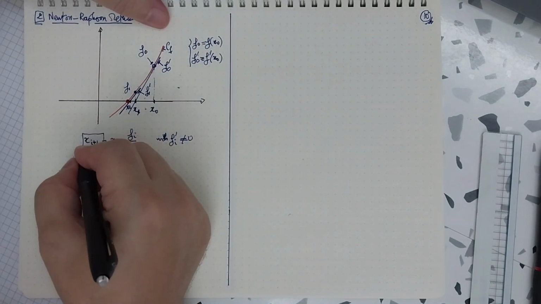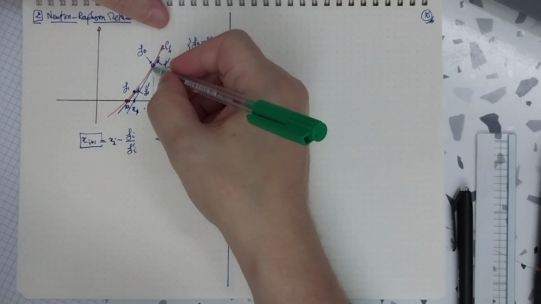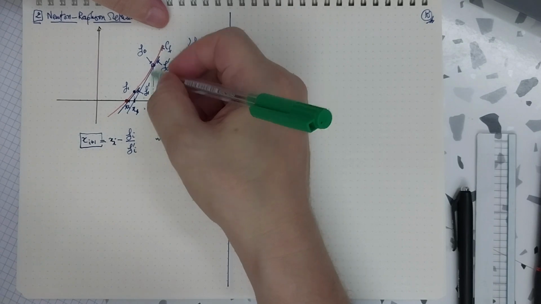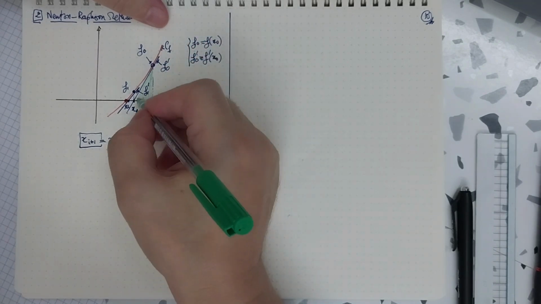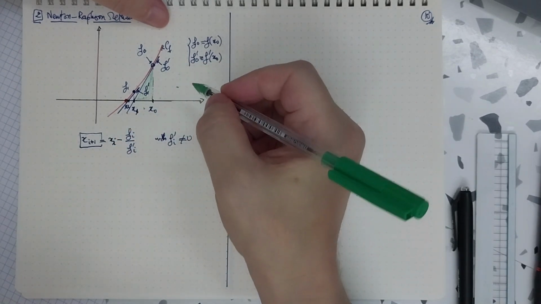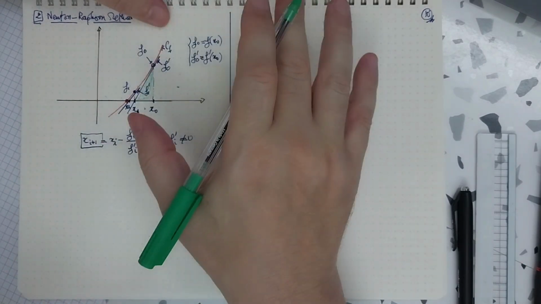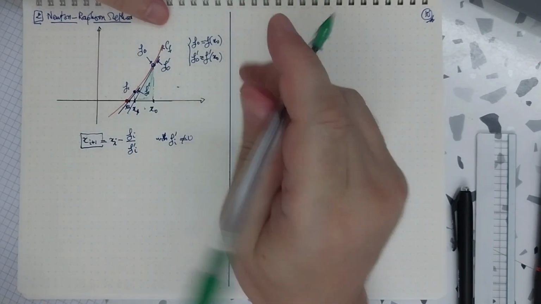How do we get this formula? We can get it by reasoning graphically on this triangle, the tangent and the x-axis, or using Taylor's series. I better will not go into details. I just give an overview of the method.